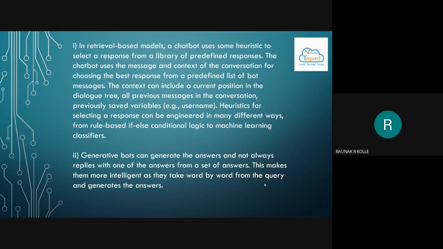The context can include a current position in the dialogue tree, all the previous messages in the conversation, previously saved variables, that is, username, and so on. Heuristics for selecting a response can be engineered in many different ways, from rule based, if else condition logic to machine learning classifiers.